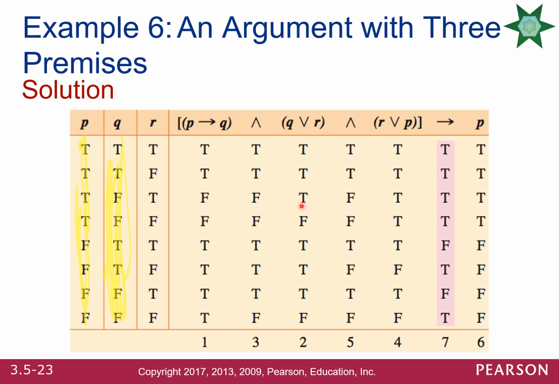Next is to go to step 2, which is evaluate Q or R. Now, in a disjunction, the only time that you get a false is when both statements are false.